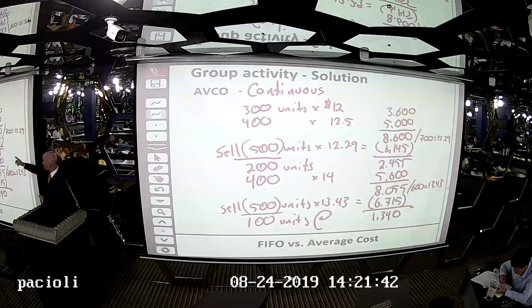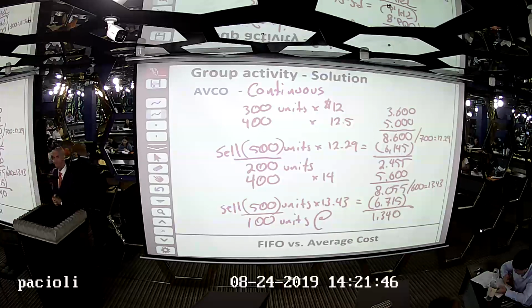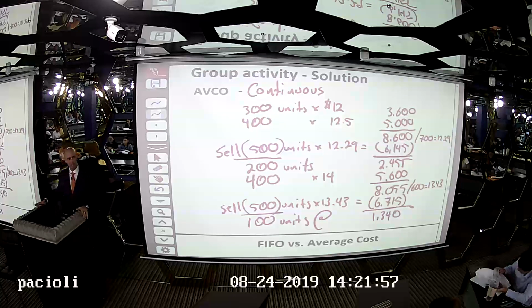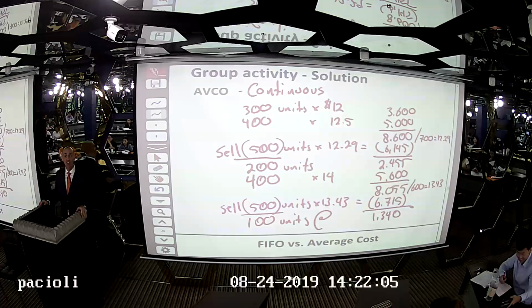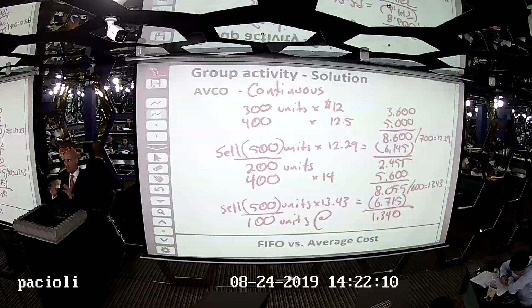We sell 2 times, so we find the average cost 2 times. What do you do when you're doing your exam and you have average cost, but the question doesn't say periodic or continuous? Just assume periodic, just do periodic.